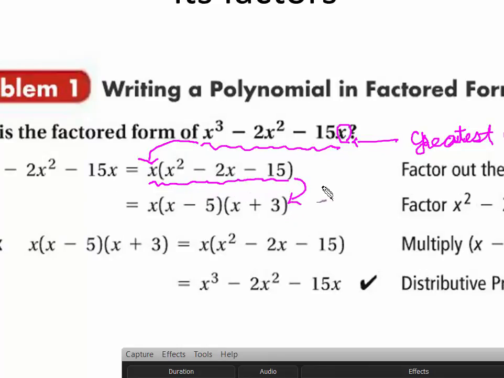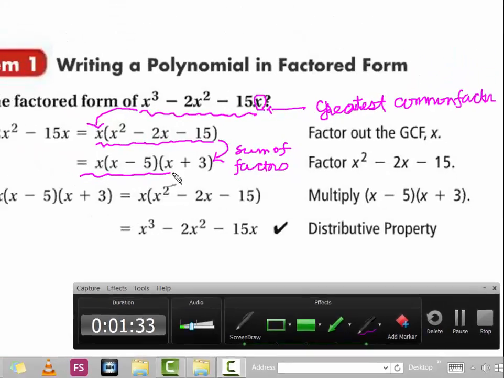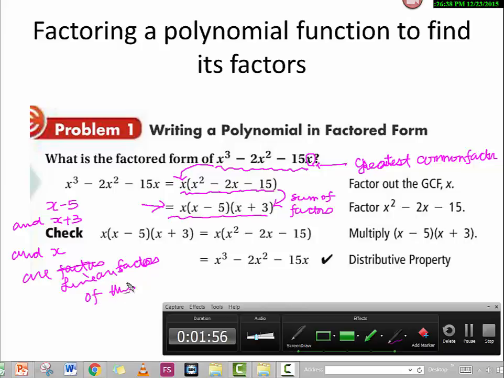Then we can make use of the sum of factors to change this polynomial expression into a factor form. Once we get this done, we know x minus 5, x plus 3, and x are factors, or I would say linear factors, of this polynomial function.